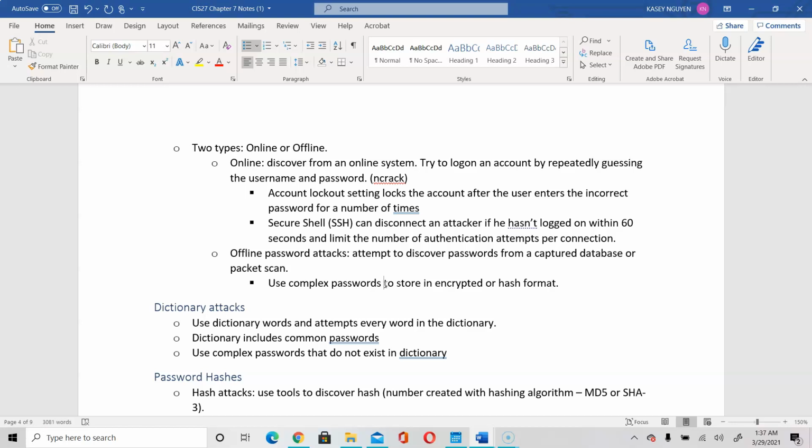We're not completely foolproof in such a case, but we do have a reduced risk if we store our passwords encrypted or hashed, and account lockout will also buy us some time. Okay.